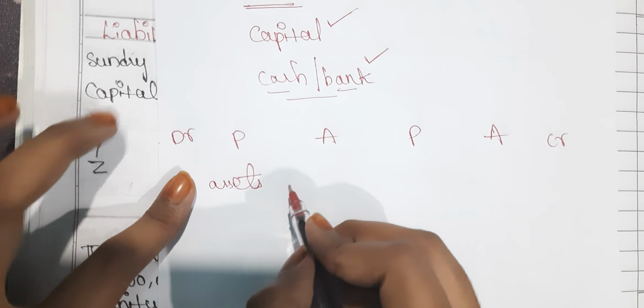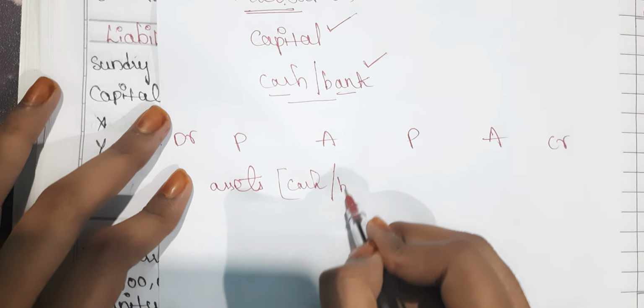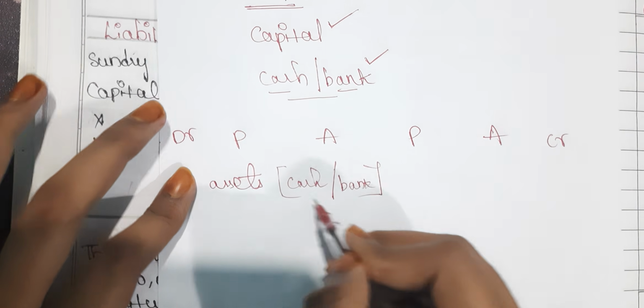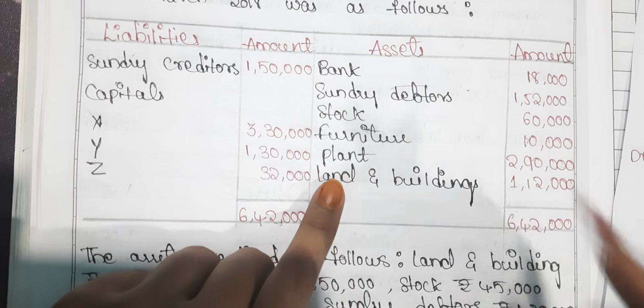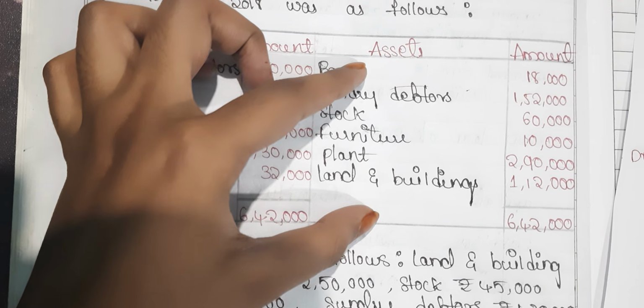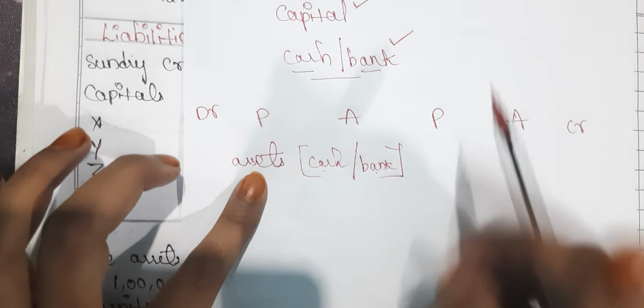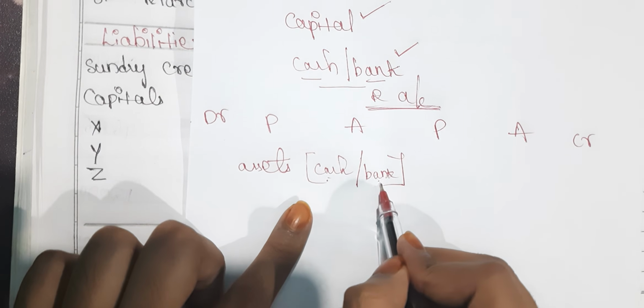But remember, you should not take any cash or any bank amount in this debit side. Whatever the assets, debtors, stock, furniture, plant, land, as it is given, you take in the debit side of the realization account, except cash and bank.